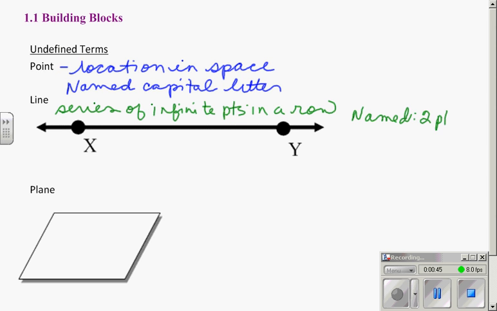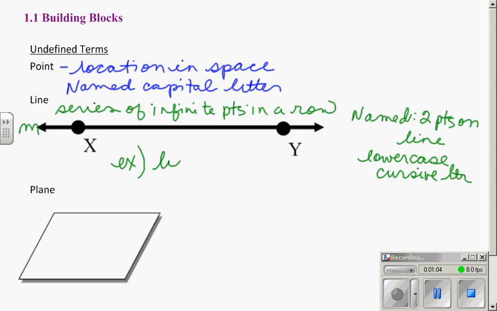It's named by 2 points on the line, or it's named by a lowercase cursive letter. So for example, if this one had an M here, I could call it line M, or I could call it line XY with the arrow above, or I could call it line YX.